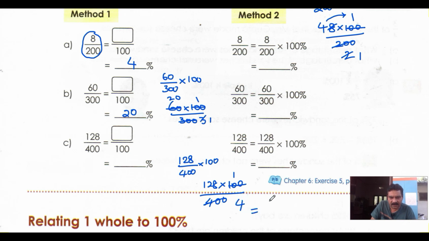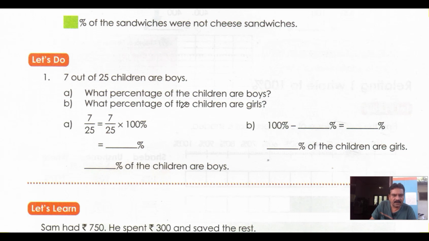See here, I'll do it in another step so that you can understand. 128 by 4. 4 1s are 4, 4 3s are 12, 4 2s are 8, is equal to 32. So it is 32%. Here one given. Let's do the same thing.